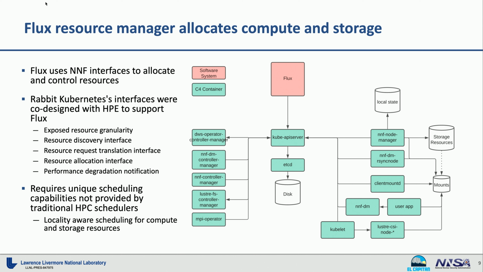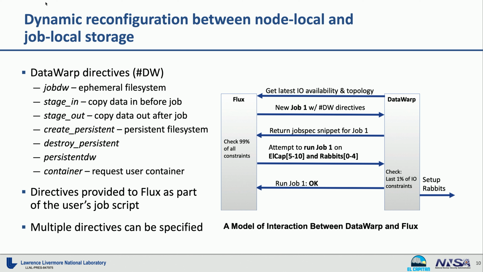Specifically, the users request what they need by means of data warp directives that are in the job script, and those get translated into a form that Flux can use. And then, as I said, Flux tells the Rabbit orchestration software what to do with each of the individual rabbits.